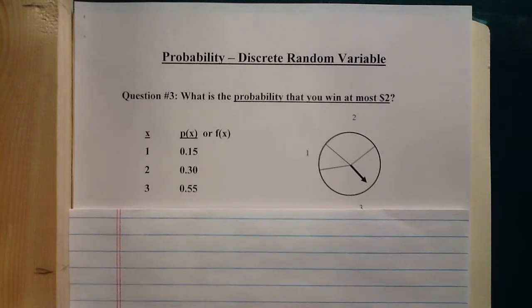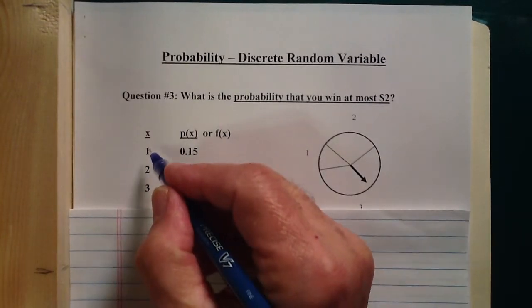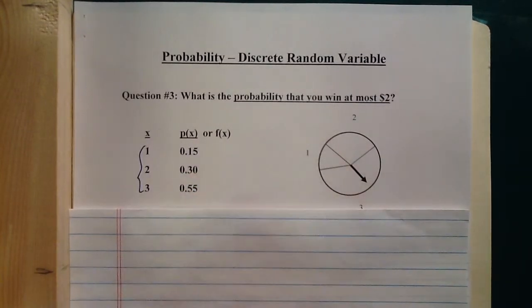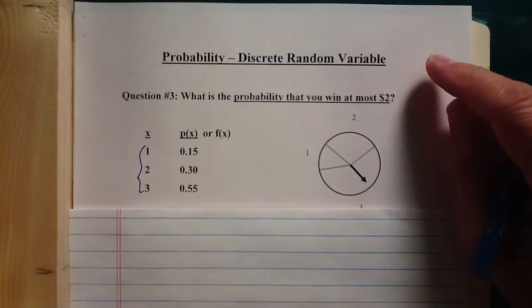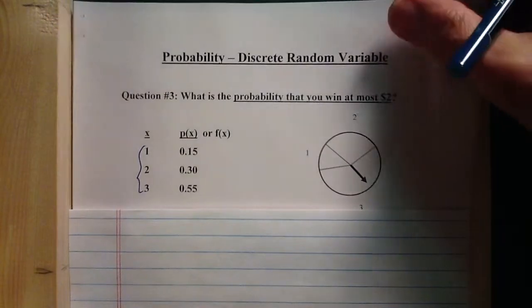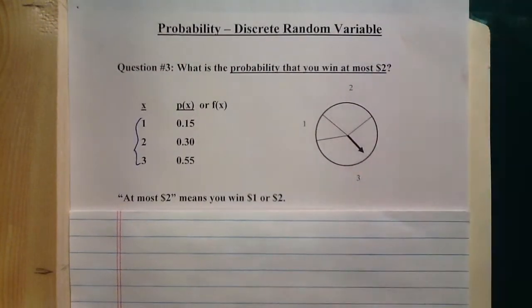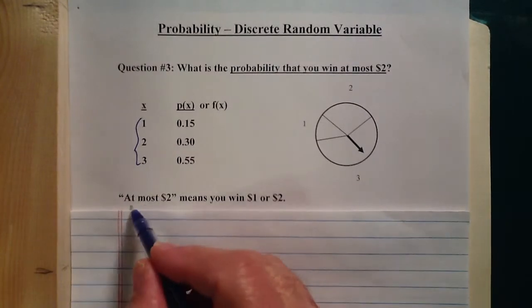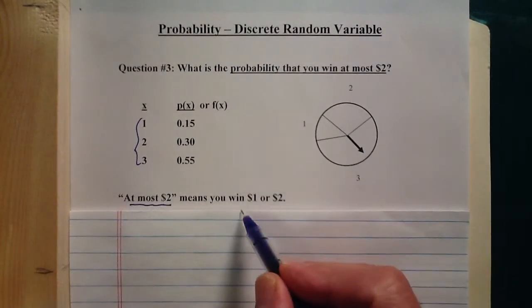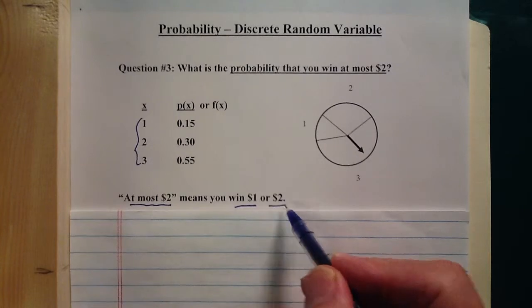And you know, basically from here, sometimes we win $1, sometimes 2, and sometimes 3. So our problem says, what's the probability that you win at most $2? And so we have to figure out what does that really mean. So at most 2 means we win either $1 or $2.